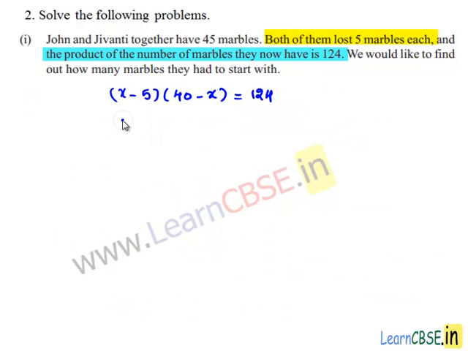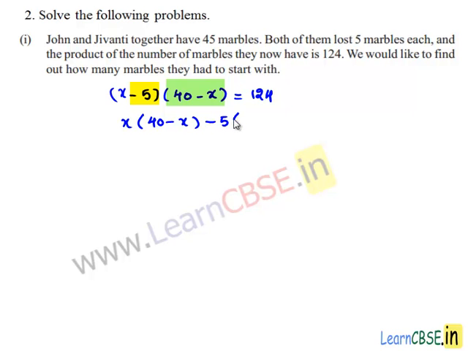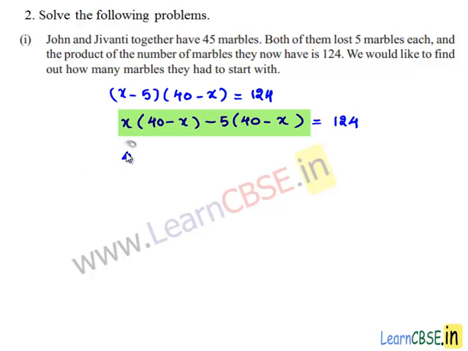This can be written as x times 40 minus x minus 5 times 40 minus x is equal to 124. 40x minus x square minus 200 plus 5x is equal to 124.